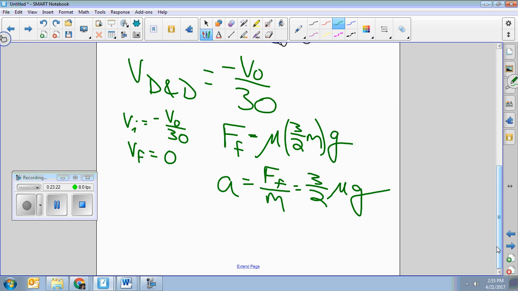Oh, no, wait. I'm dumb. What did I do wrong? Did anybody see it? What's accelerating? The block is decelerating. Or not the block, the disk and the dude, right? So the 3/2 cancels also.